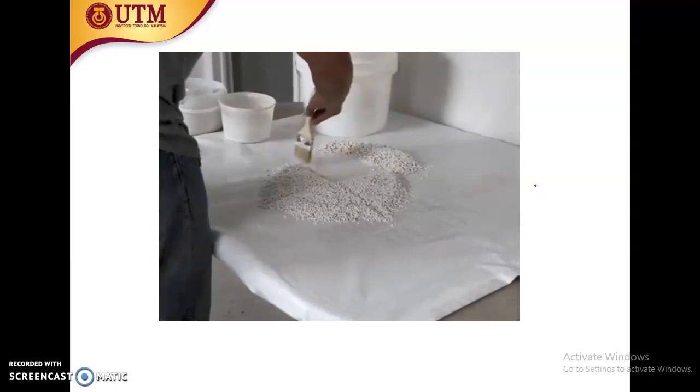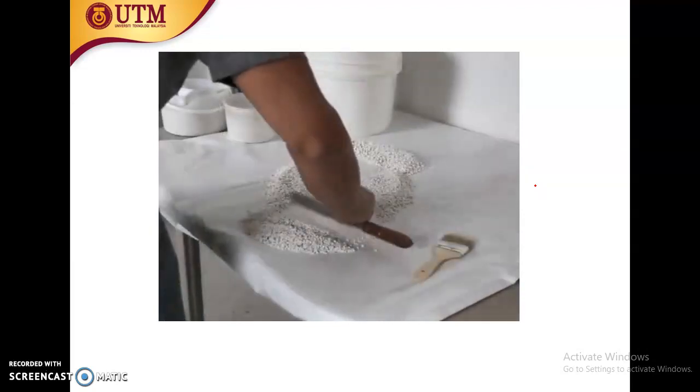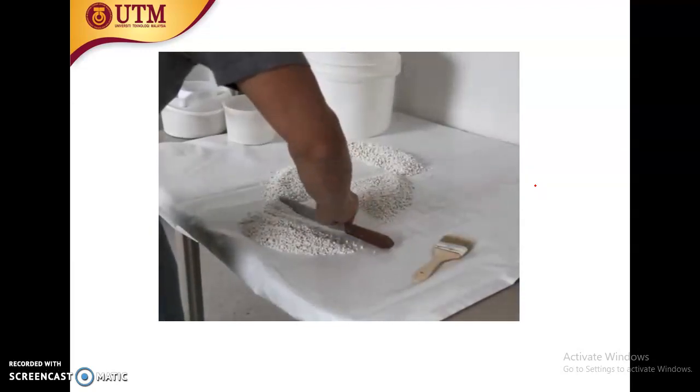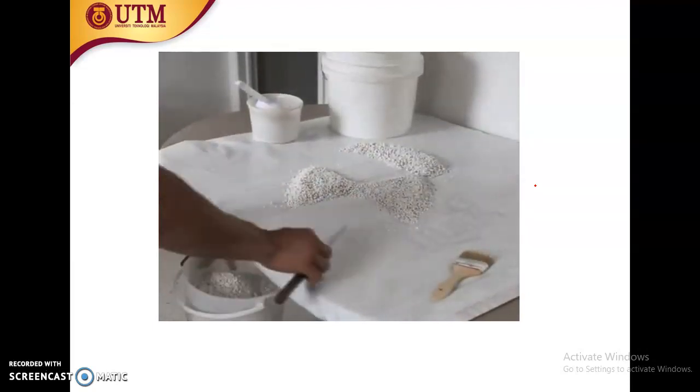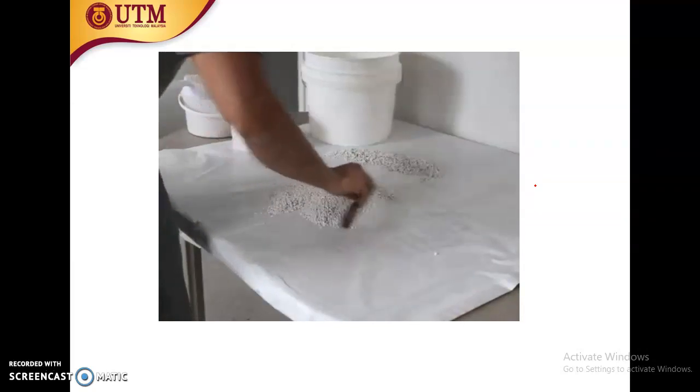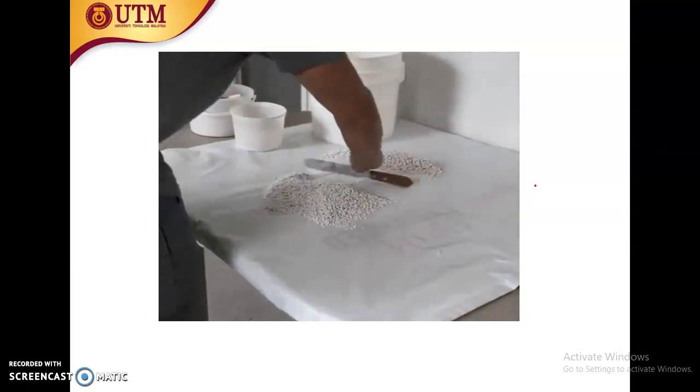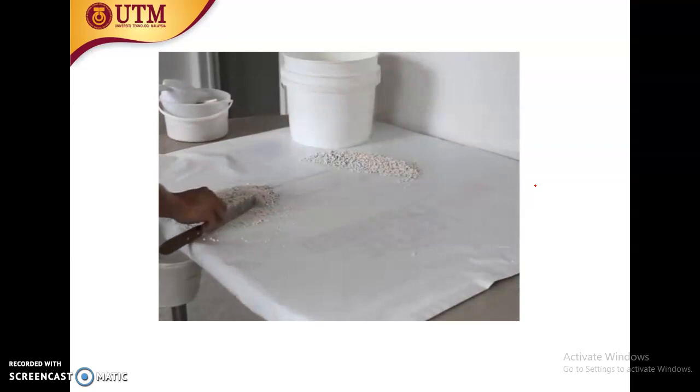See, remove. So this is to make sure homogeneity, to make sure the fairness in terms of sampling. So this is accepted worldwide.